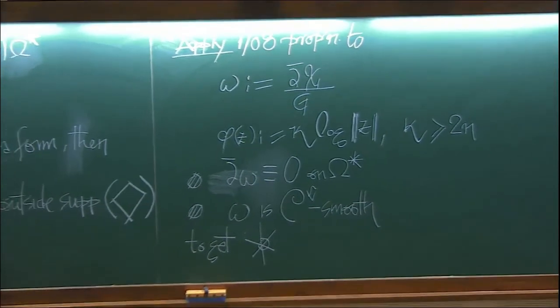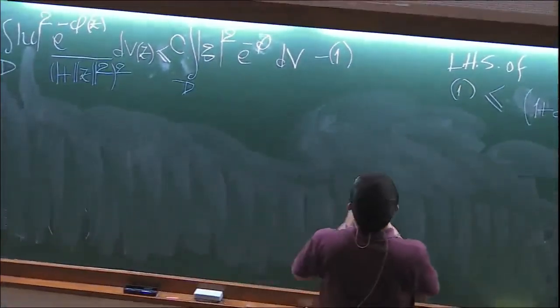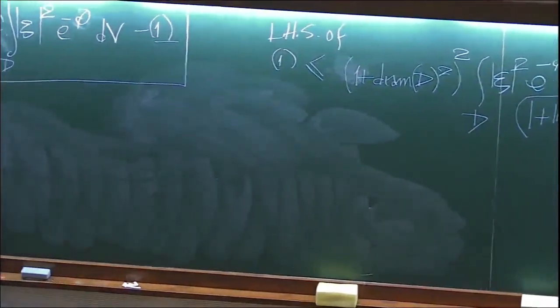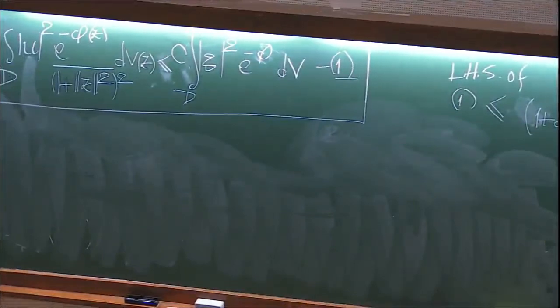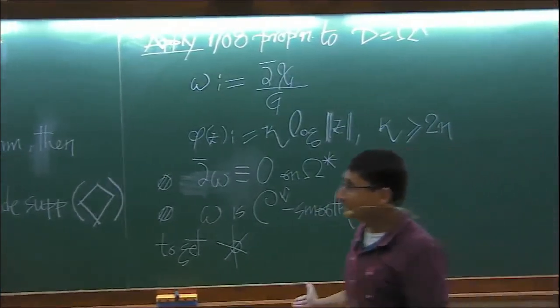I'll just leave the estimate for a few moments more. Did I also say, I should say, the choice of D over here is omega star. This is where I want to apply my estimate.